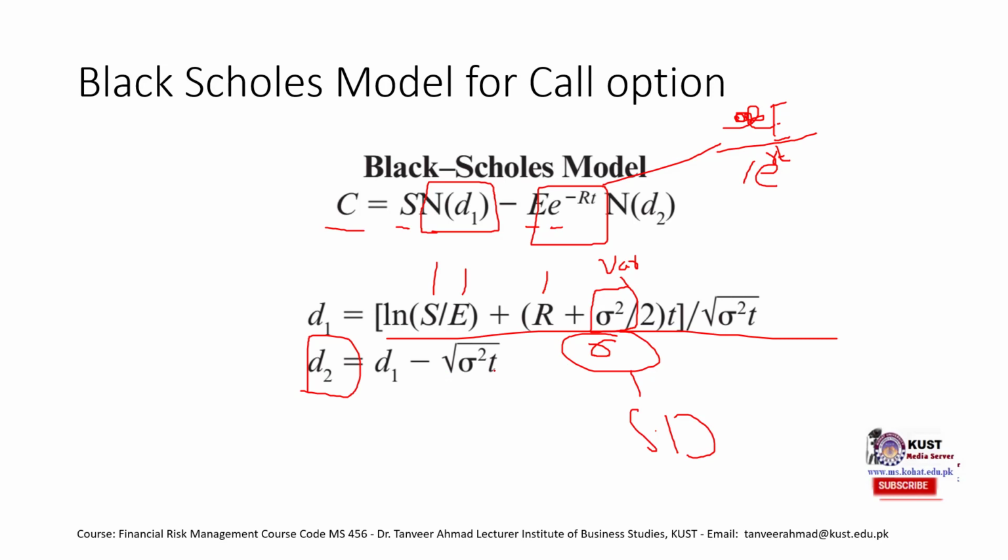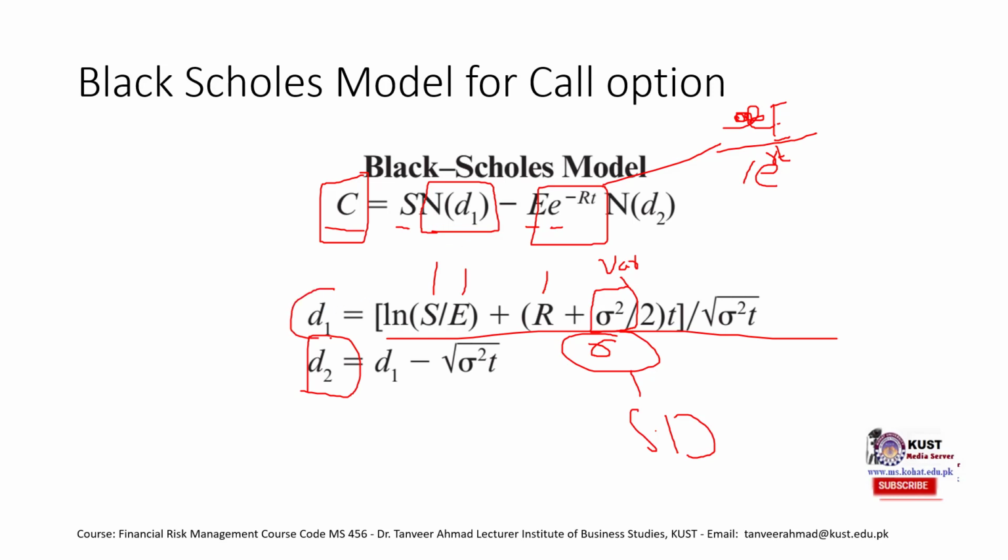So once we have d1 and d2, we would use these values to find their tabulated values, and then those tabulated values would be used in this formula. What I mean to say is that these equations would give us d1 and d2, but in the Black-Scholes formula for call option, we need to use N(d1).